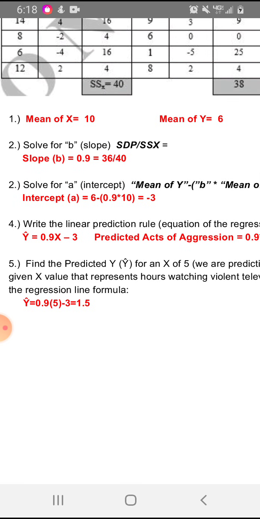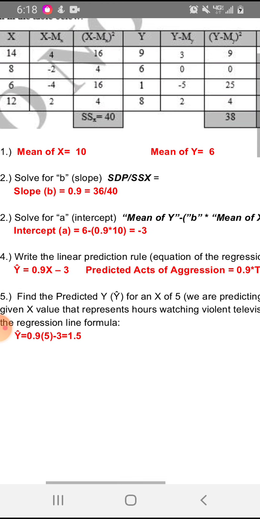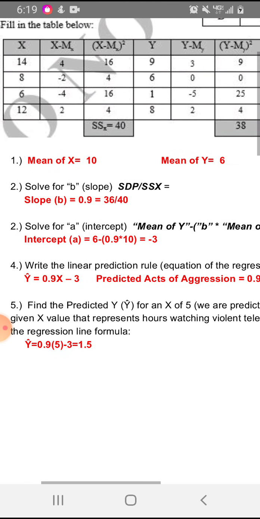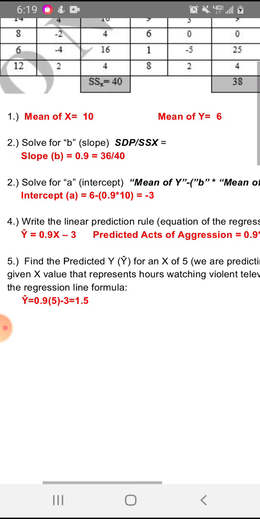So in this case, it's going to be 6, because 6 is the mean of y, minus, make sure you put the parentheses, 0.9 times 10, which is the mean of x. Calculate that, you'll have the intercept of minus 3.